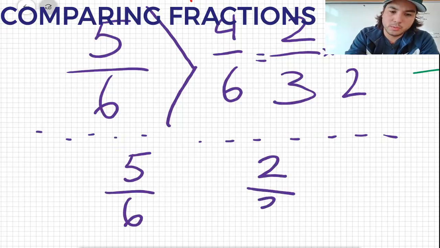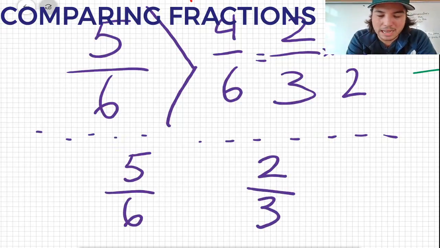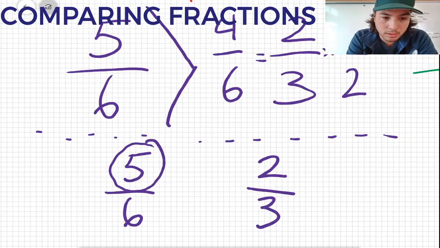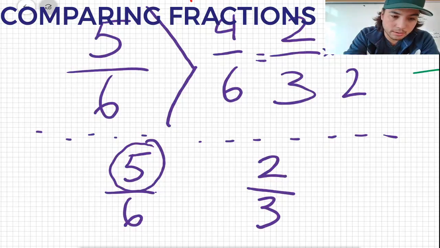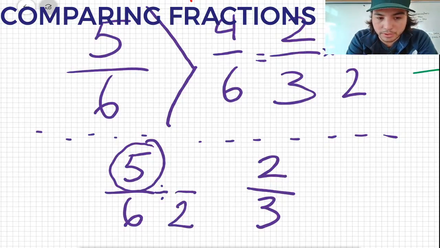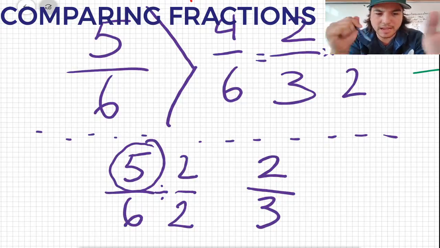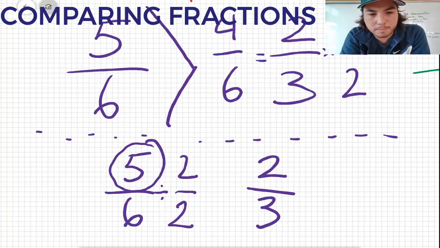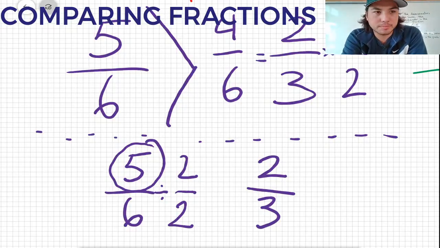Well, the reason we can't, not technically, is take a look at our 5 up here in the numerator. I would have to divide 6 divided by 2 in order to get 3 on the denominator, so we can compare them. But does 5 divide by 2 evenly? No, we'd end up with like 2.5, and we don't put fractions in fractions.